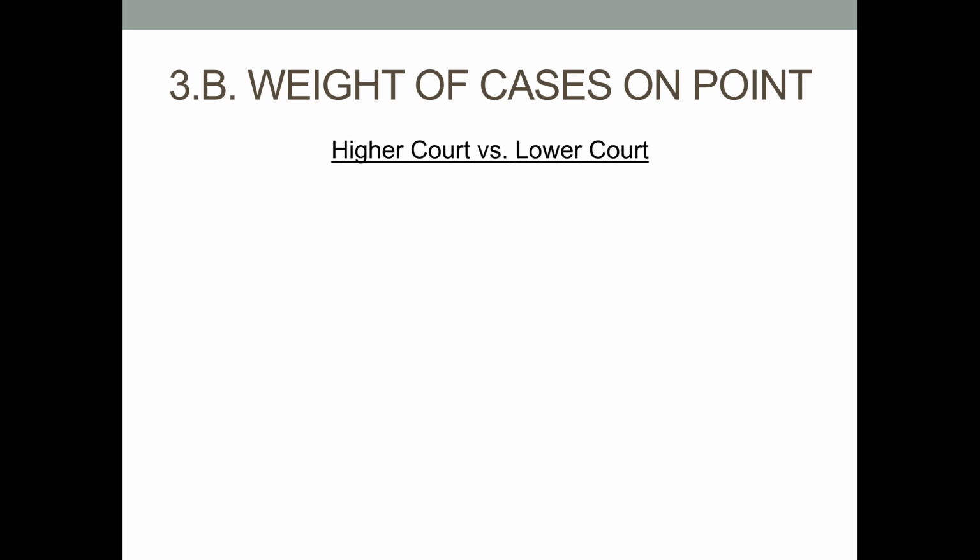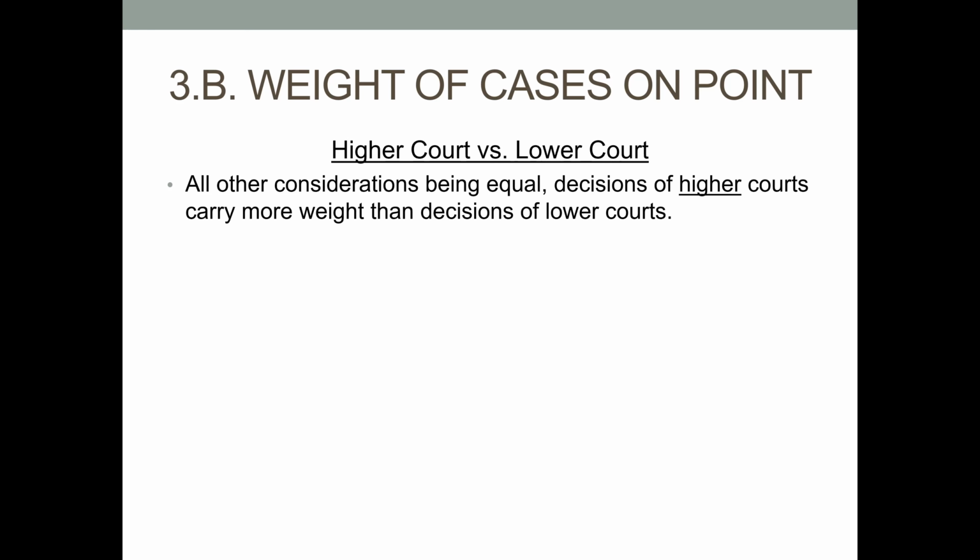And so here are a couple of pretty common sense distinctions. If all other considerations are equal, normally the decisions of higher courts will carry more weight than the decisions of lower courts. So if you're in a Texas court, you have no binding authority, but you have an Oklahoma Supreme Court opinion on point, and then there's also a Virginia Intermediate Court of Appeals opinion on point.